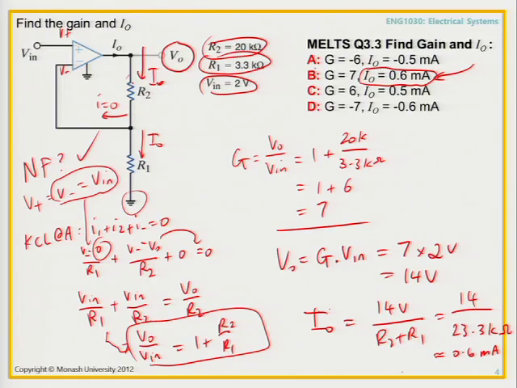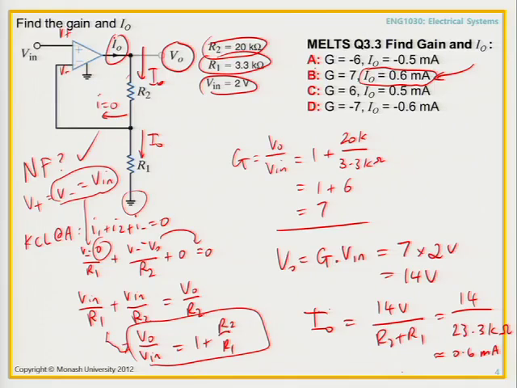Using the same rule as I used to find the current through these resistors, I use that same rule to find it in that direction. If I did it the opposite way, 0 minus V0 divided by the other two, you'd get a negative answer for I0. So it does matter because it's already defined when you're asked the question. If it's not defined in the question, then you're okay to try to figure it out and then subsequently figure out what direction things are really going in. But if it's defined in the question, you have to work out if it's a negative value or a positive value. Okay?